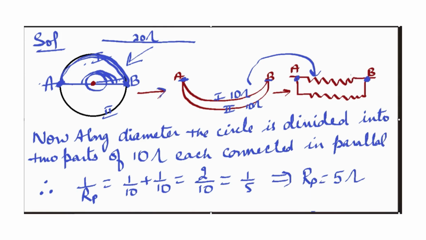Therefore, to find the resistance, we apply the parallel formula, that is 1 upon Rp is equal to 1 upon 10 ohm plus 1 upon 10 ohm. Both are added in parallel combination, and we get the total resistance of 5 ohm.